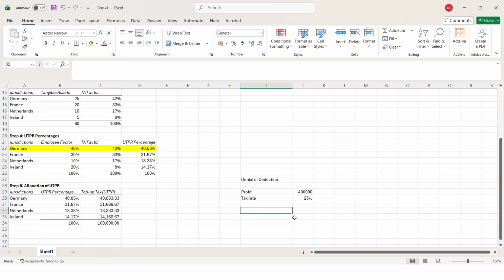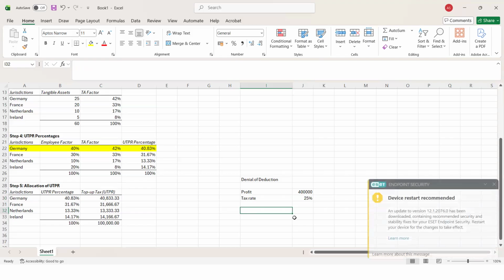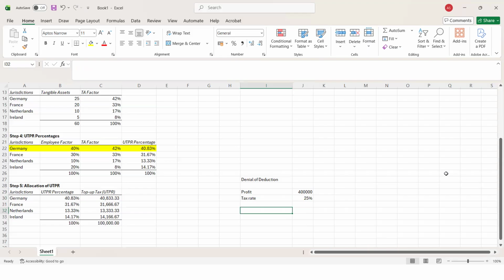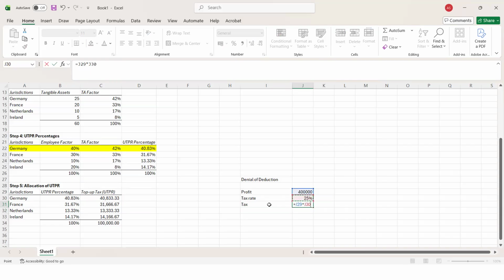How much do I have to add to the profit to collect it? Let's say the tax amount that I pay is 400,000 into 25%, which is 100,000. That is the tax I pay.